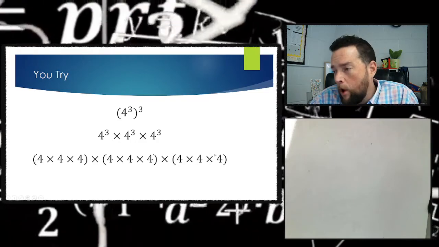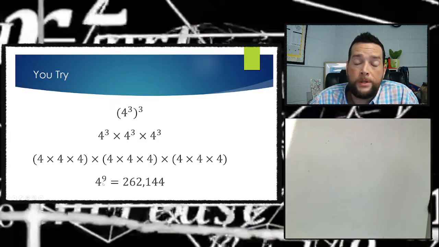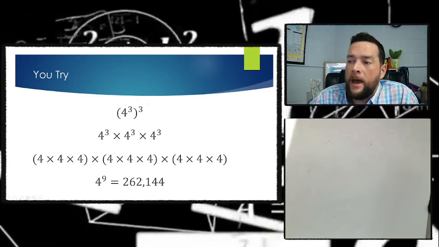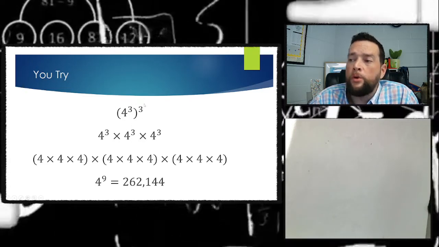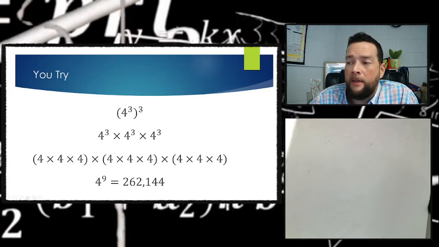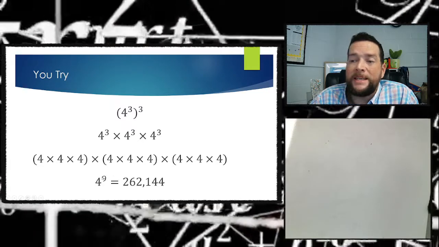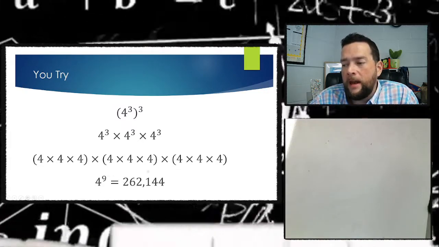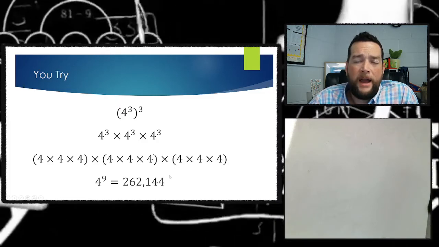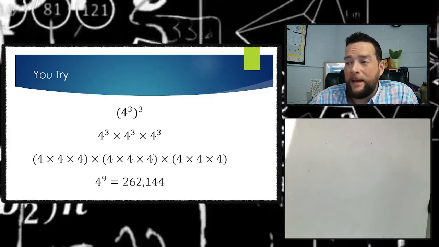And I add them all up, I've got 9 4s, which is 4 to the power of 9. Or I could have done, back here with the power of powers rule, when I'm raising a power to a power, I keep the base and I multiply the exponents. 3 times 3 is 9. And then 4 to the power of 9 is 262,144.